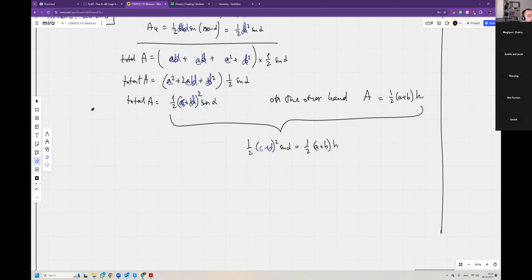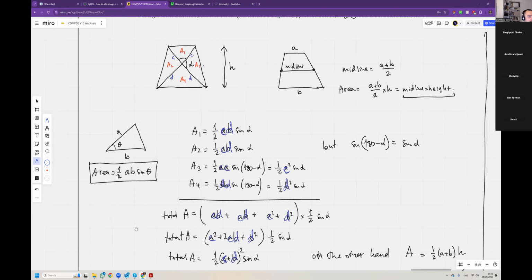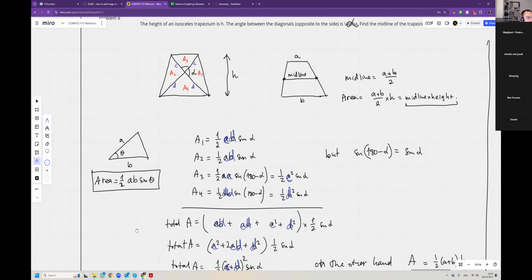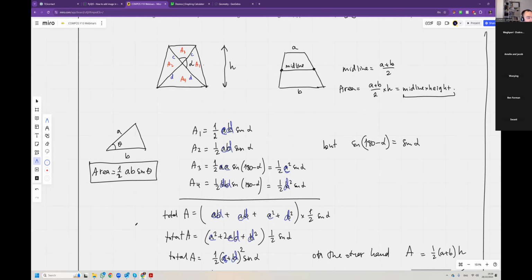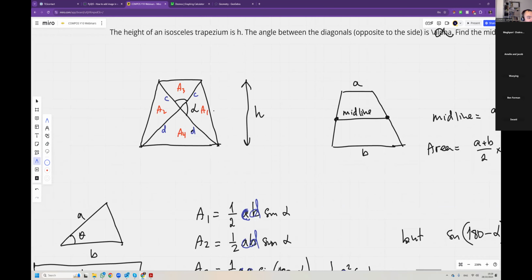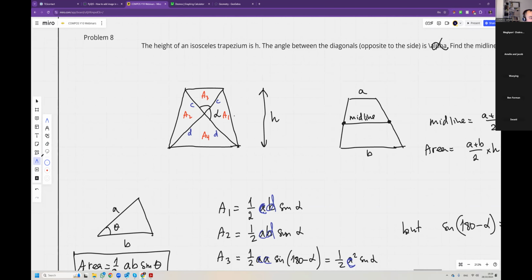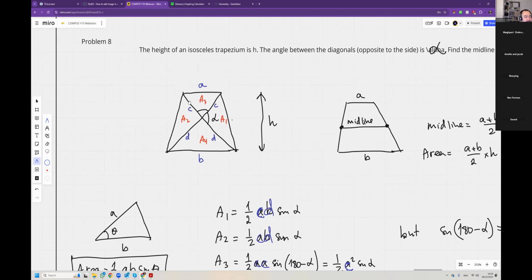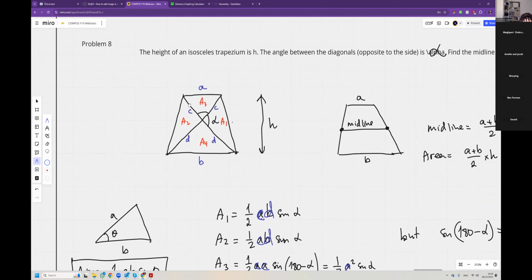Okay. Now, how are C and D linked? This is A and this is B. You kind of need to use the sine rule and the cosine rule here.